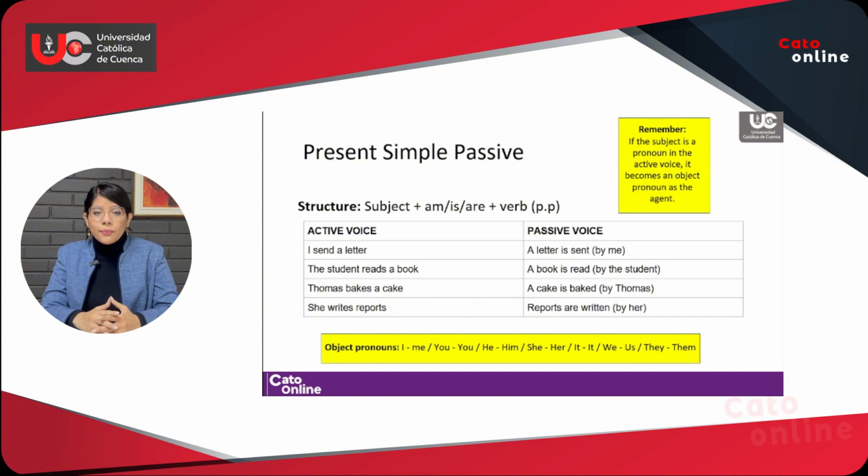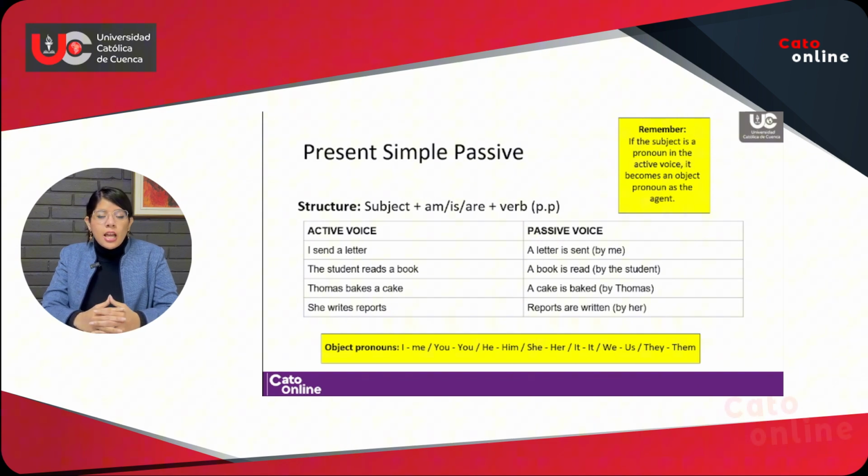First one says, I sent a letter. When it changes to passive voice, we have a letter is sent by me. As you can see, the agent by me is not mandatory. That is why we can include it or we can omit it. The second example is going to be, the student reads a book.